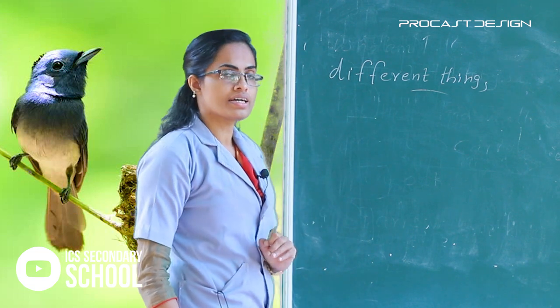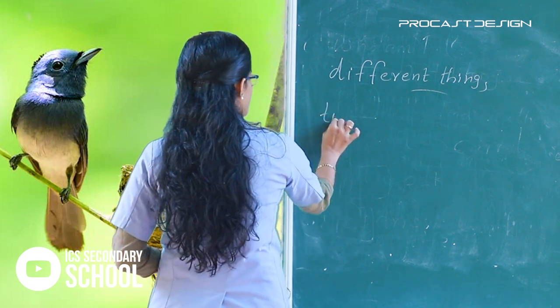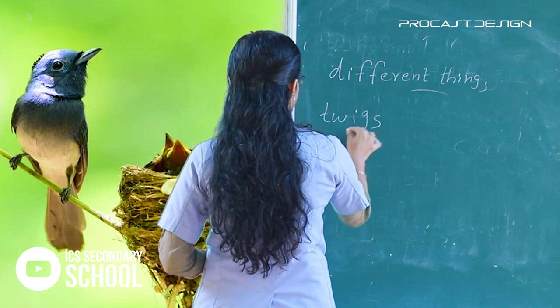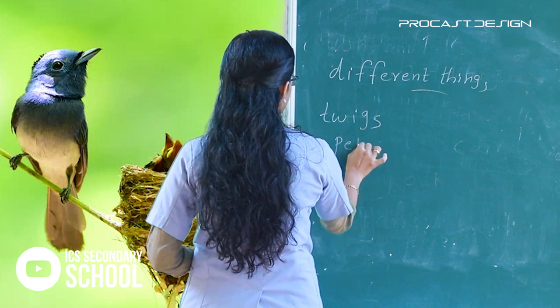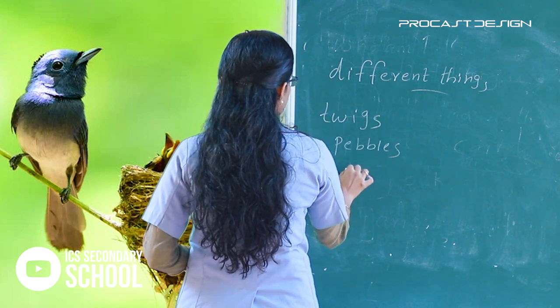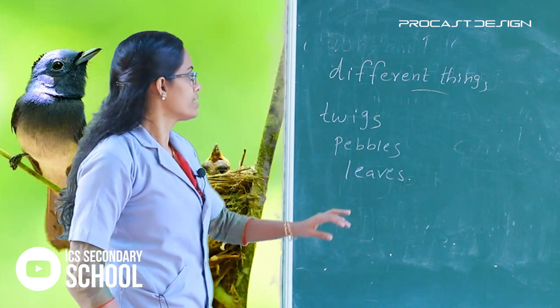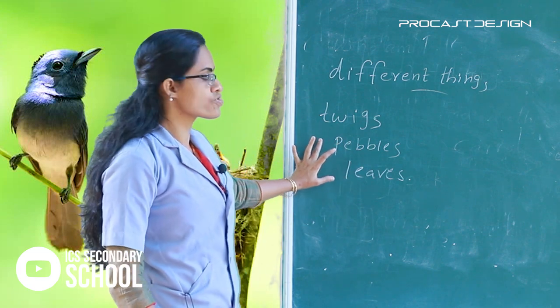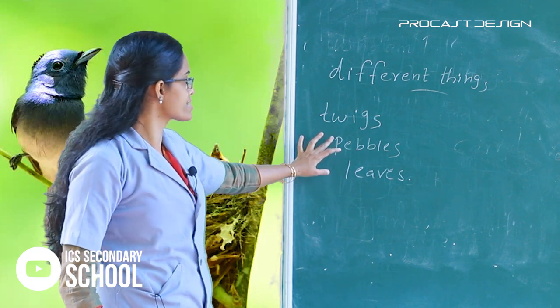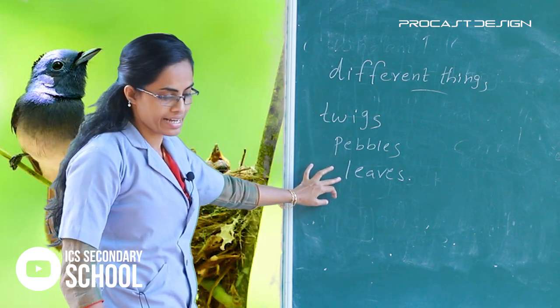Twigs, pebbles, leaves. Okay. The three things to make a nest: twigs, pebbles and leaves.